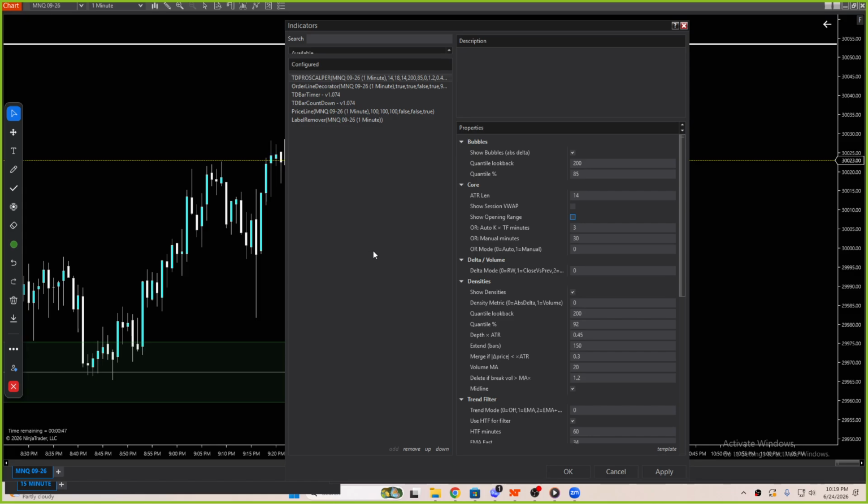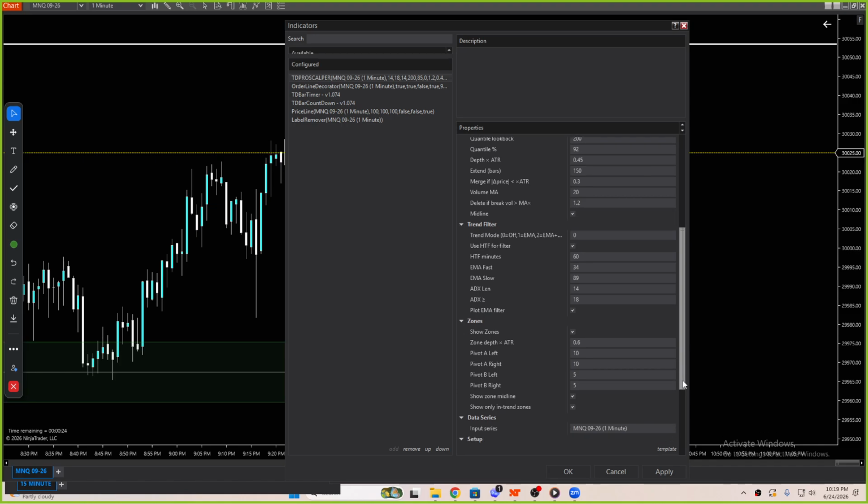Don't worry about it. You don't need to change it, okay? Then you got show densities, right? Densities are like high volume or high delta price zones. I leave that one on. Then we go through the look back, percentages, ATR. This is all calculations. You don't have to worry about that.